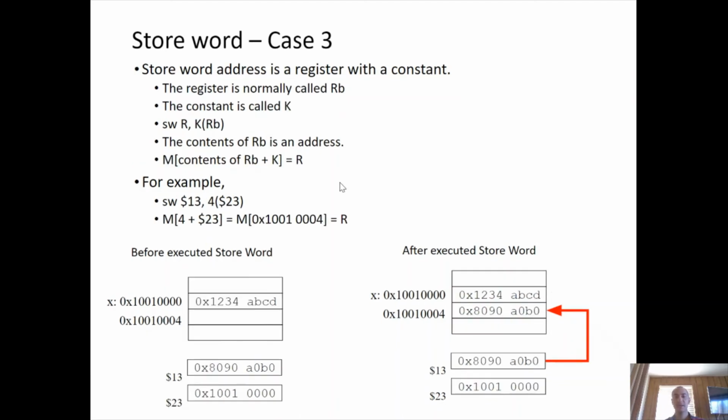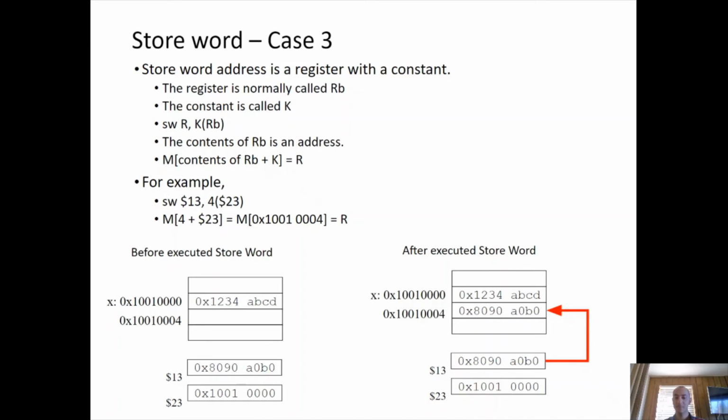The third case is very similar, again, to load word. It's the same thing, we are giving a register, but this time we are giving it the offset also. Register 13 is going to be the data that we want to save. And register 23 is going to be the base of our offset.